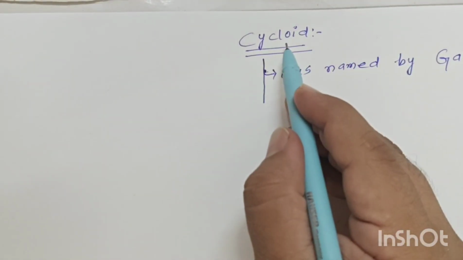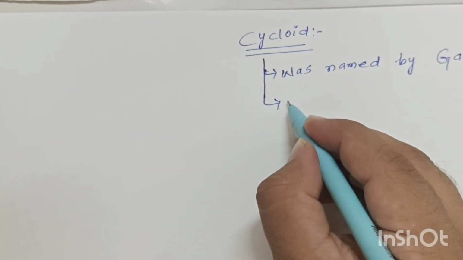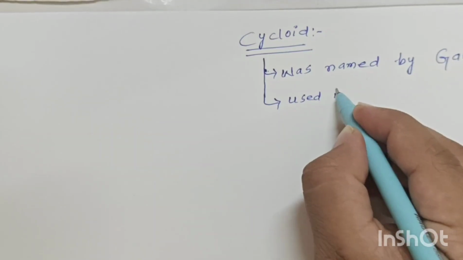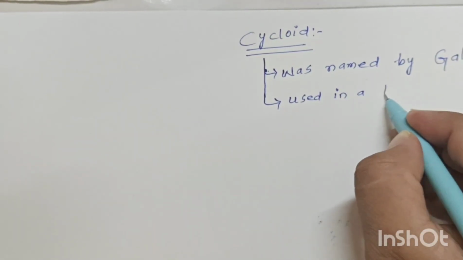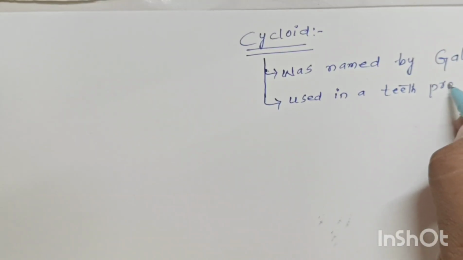The cycloid is mainly used in the tooth profile of a gear. Where we are using it here, the cycloid is used in the teeth profile of a gear.